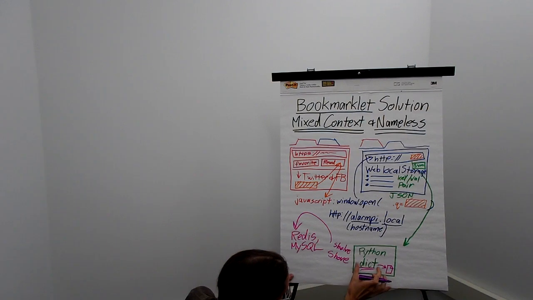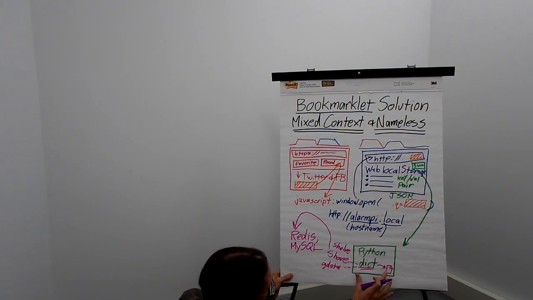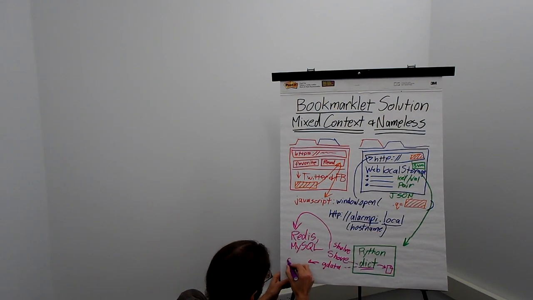So once it's in this dict format, instead of going through this path to Shove, I'm going to make another path where I essentially write my own gateway or data binding to GData. As similar as I can, taking in a dict object, and that will provide an alternative path into Google Spreadsheets.